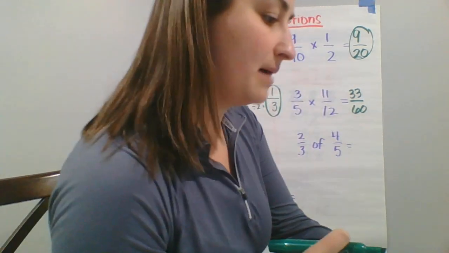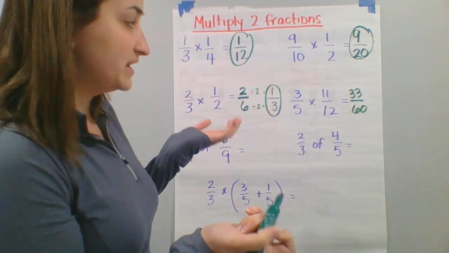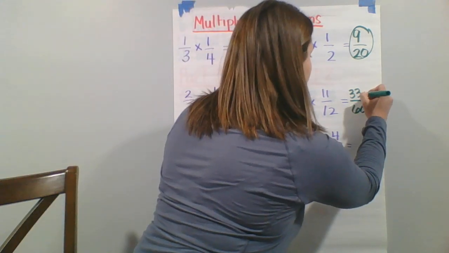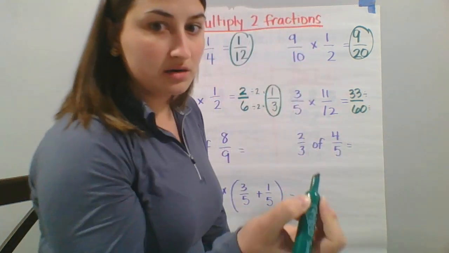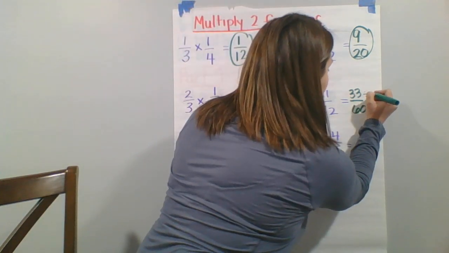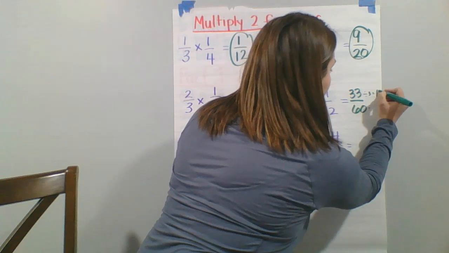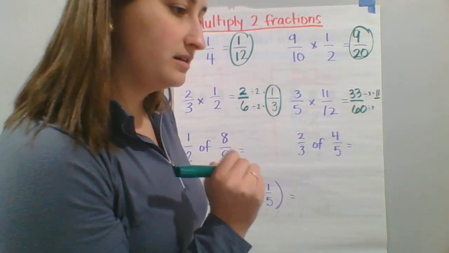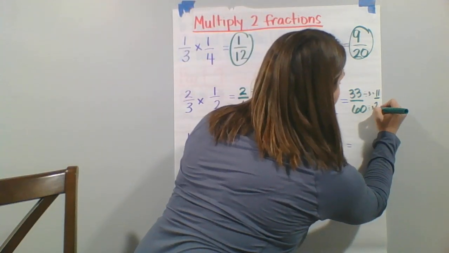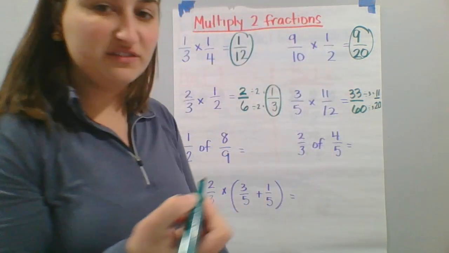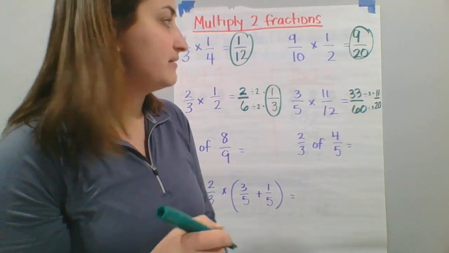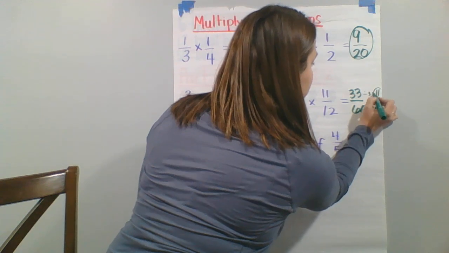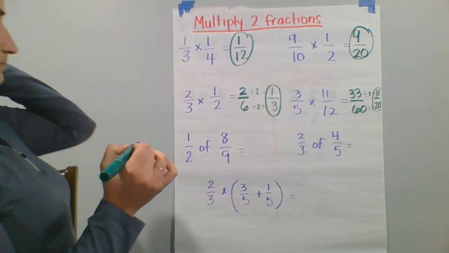So looking at this problem, we can divide by 3, at least to start. 33 divided by 3 is 11. 60 divided by 3 is 20. Can I simplify it even more? No, because 11 is a prime number, so nothing else can go into 11. So 11/20 would be my correct answer.